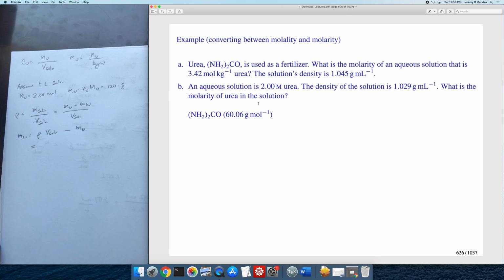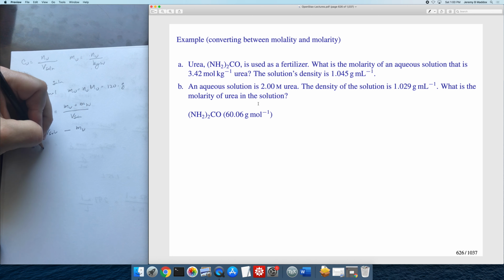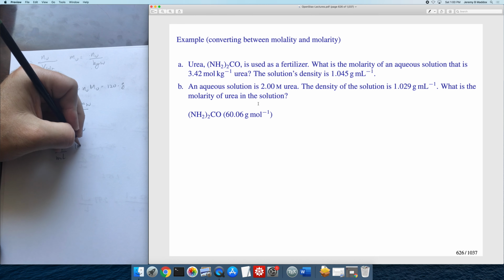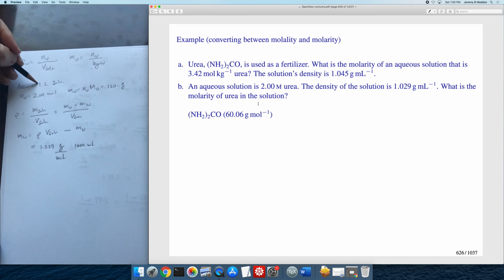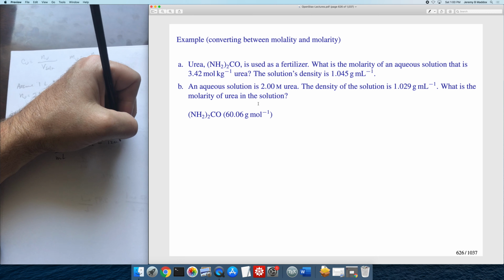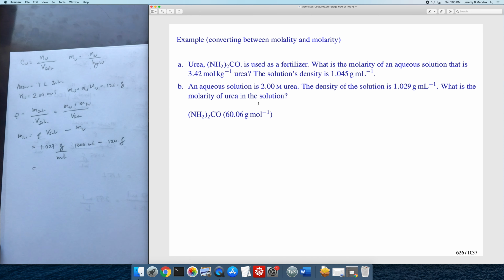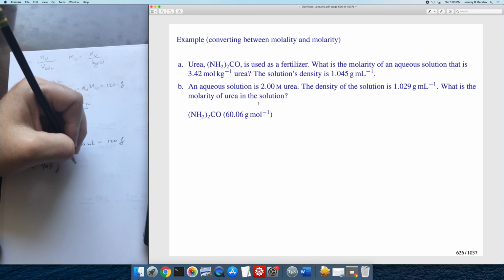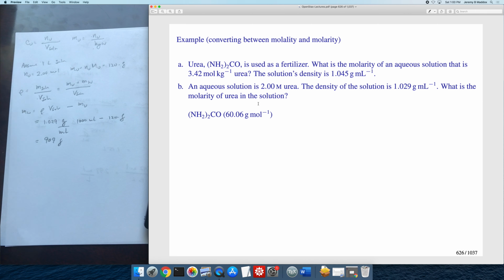The density of this solution is 1.029 grams per milliliter, and we assumed 1,000 milliliters, 1 liter. And then we'll subtract off the 120 grams. That leaves us with 909 grams, which is 0.909 kilograms.